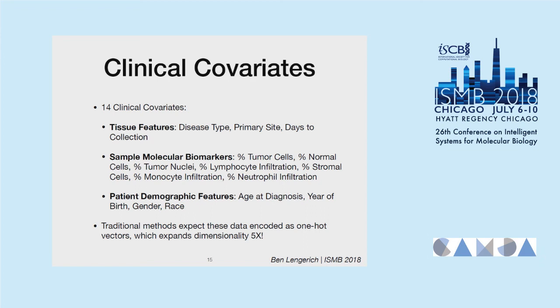We can use covariates directly that are strings, that are unordered, anything, as long as the user has defined an appropriate distance metric. In contrast, traditional methods that write a predictive model on top of these covariates expect the data to be one-hot vectors, which in this case expands it to about 70 different features.